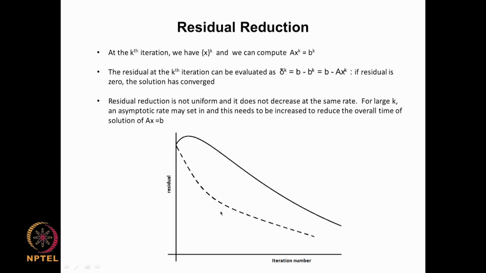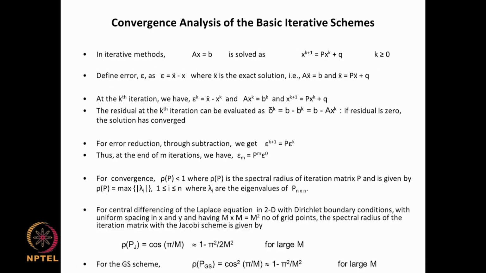The slope of this residual versus iteration number tells us at what rate it is decreasing, okay. The constant slope at which it is decreasing for a large number of iterations, for large m here, is known as the asymptotic rate of convergence, okay.